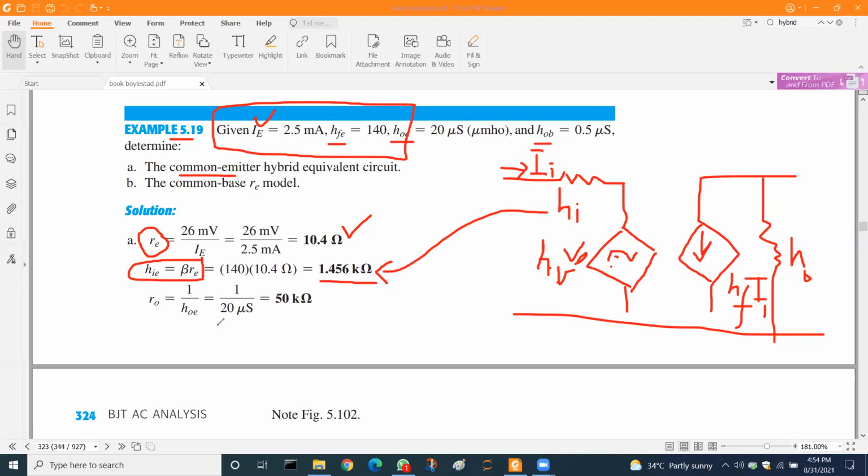And then we find the output resistance by using this formula. But because the HO is already given, we can write here the value of HO as well.